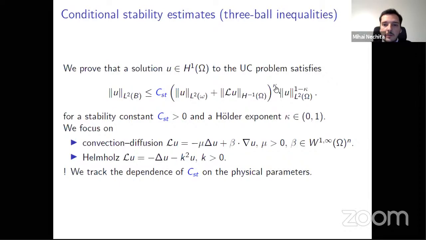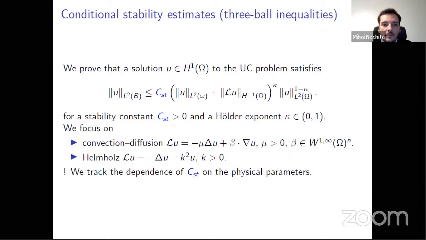It appears at an exponent kappa, which is in between 0 and 1. And then another term, which comes from the fact that in order to have such an estimate, we must assume an a priori bound on u everywhere. So our task is first to try to explore a bit what happens with this stability constant in the case of some PDEs in which the physical parameters play an important role.